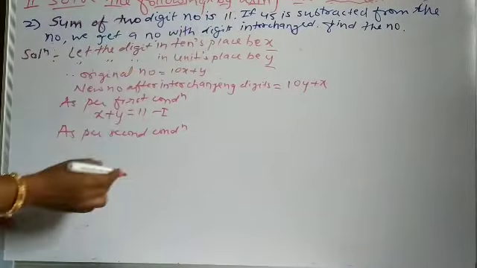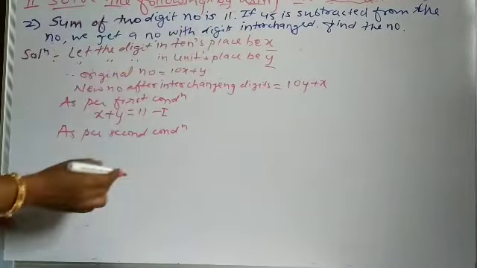Just observe the coefficient of y: here it is plus 1, here it is minus 1. So to eliminate y, what to do? You have to add equations 1 and 2.